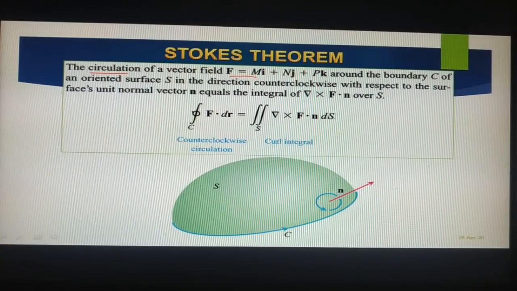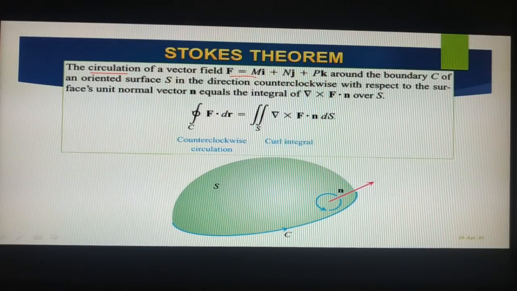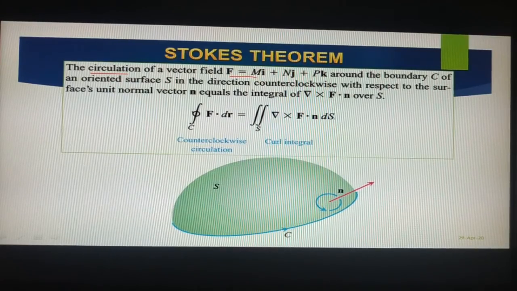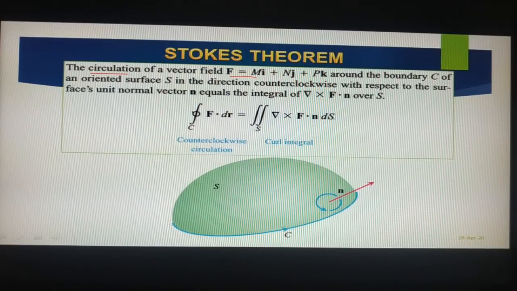The whole region we have taken is in the vector field F bar, which is in 3D, and I want to see the boundary C. On the base we have some circular form, which is C. That curve's name is C.